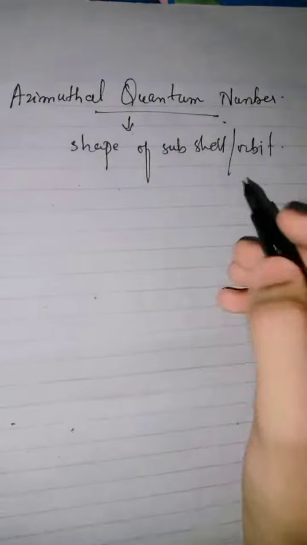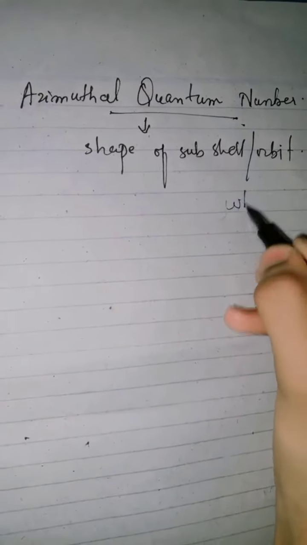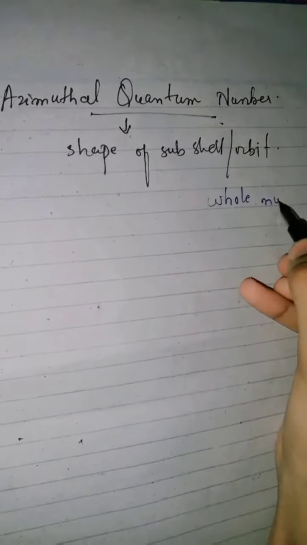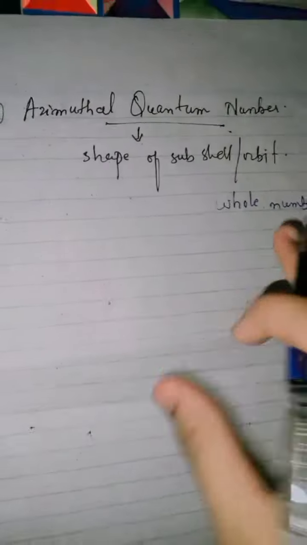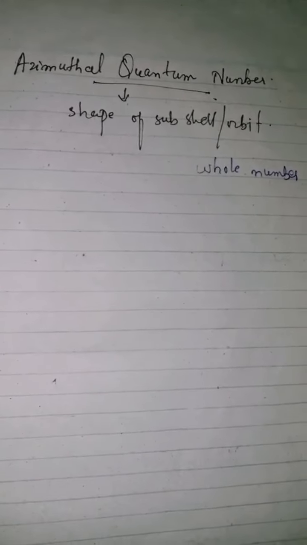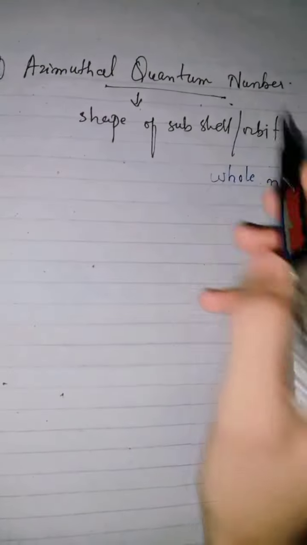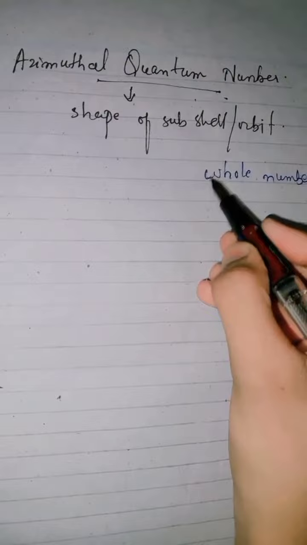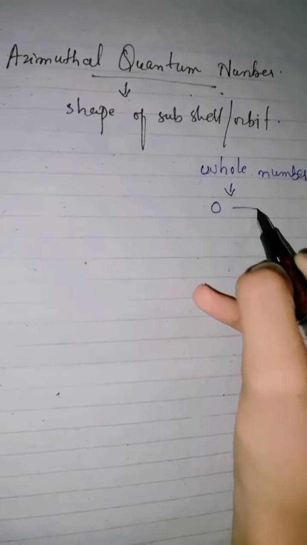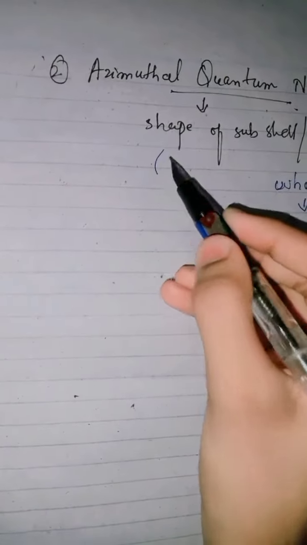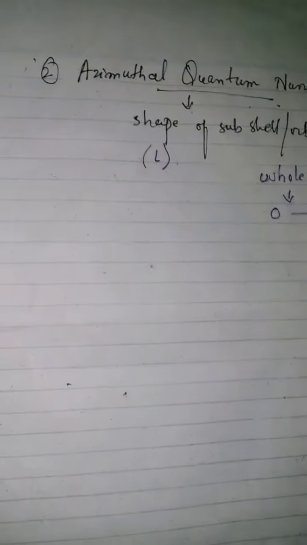Its values start from the whole numbers. In the principal quantum number the values start from a natural number, but in azimuthal quantum number the values start from the whole number, that is from 0 onwards, and it is represented by the small l.